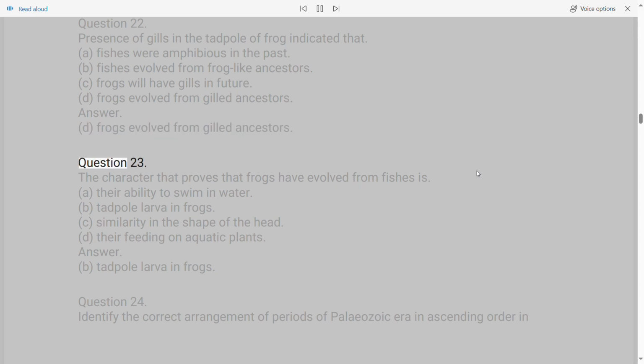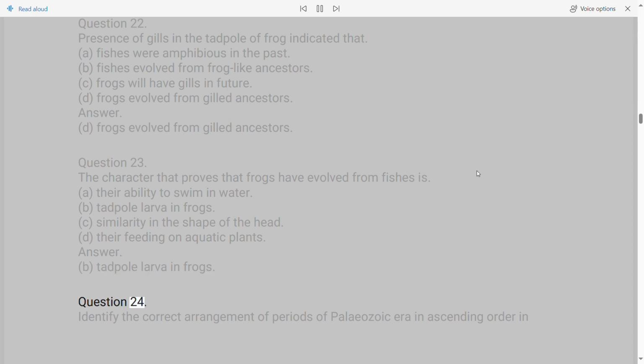Question 23. The character that proves that frogs have evolved from fishes is A. Their ability to swim in water. B. Tadpole larvae in frogs. C. Similarity in the shape of the head. D. Their feeding on aquatic plants. Answer. B. Tadpole larvae in frogs.